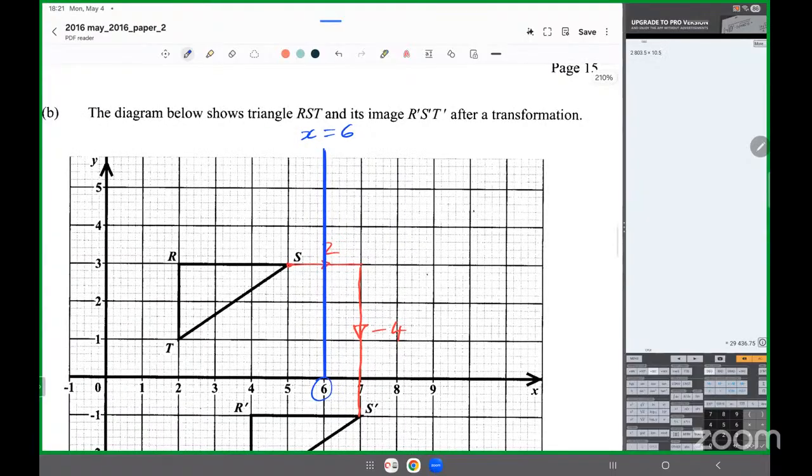So reflecting in that line, image distance equals object distance. So S is 1 unit from the line, it's going to go 1 unit on the other side to here. So S is coming here. So that point is S double prime.